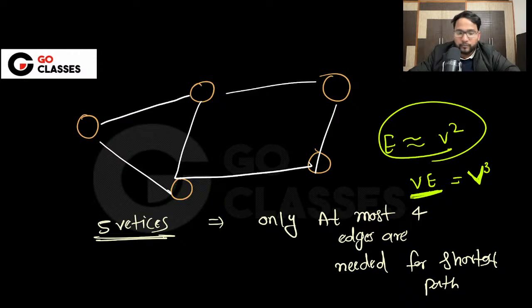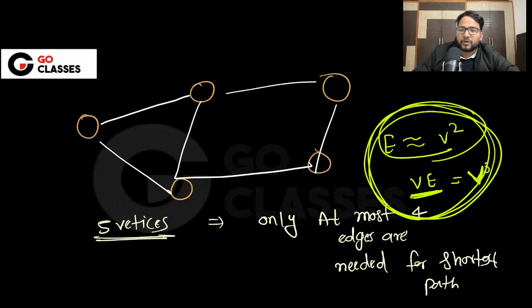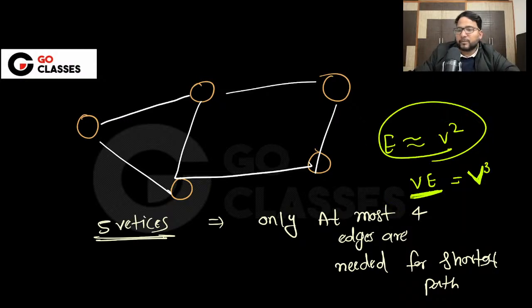He is saying that this algorithm takes N cube and all pairs also takes the same time, so what is the advantage? Yes, for the dense graph, there is not much advantage. I agree. If the graph is dense, then it will end up taking this V cube time, because you need to relax many edges many times.